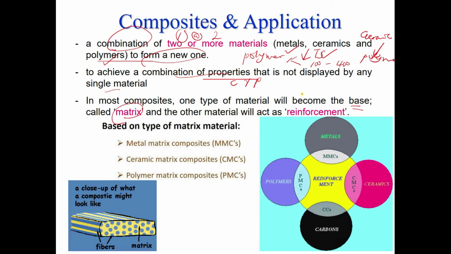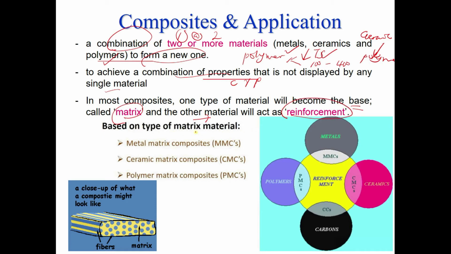As in the case of polymer plus ceramic, since the continuous phase, or the highest portion of phase inside the material, is polymer, polymer will be the matrix. Meanwhile, the other material, which is ceramic, that we add into polymer is acting as reinforcement.